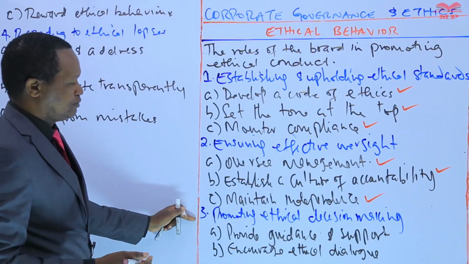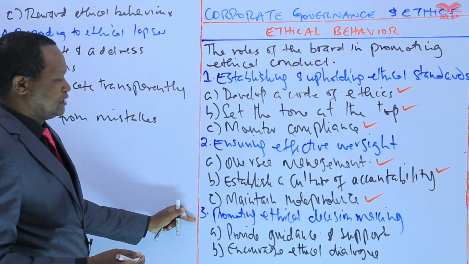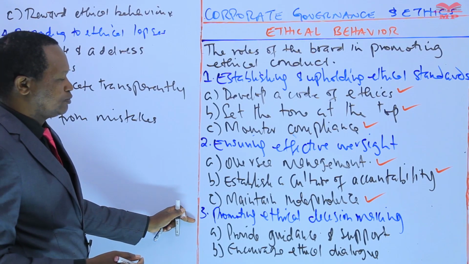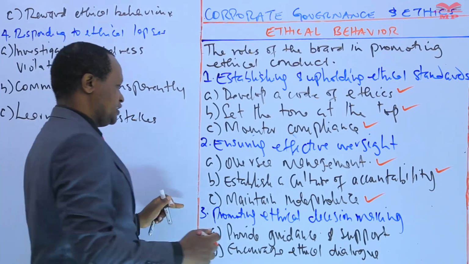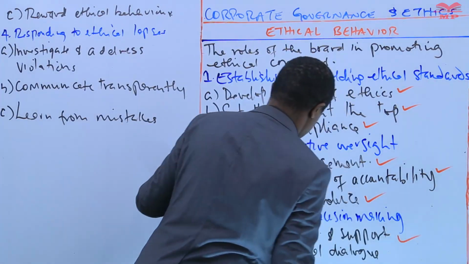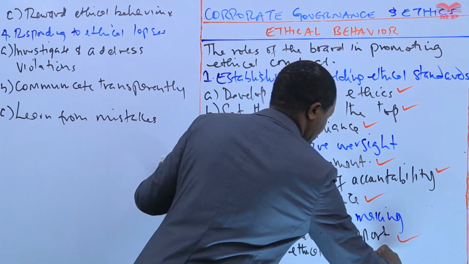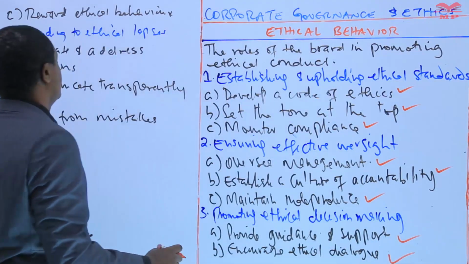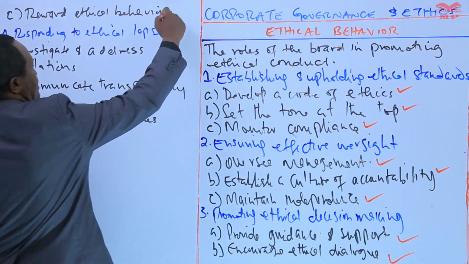Number 3, we have promoting ethical decision making. That is the role of the board, and the board promotes ethical decision making by providing guidance and support, by encouraging ethical dialogue, and also rewarding ethical behavior.